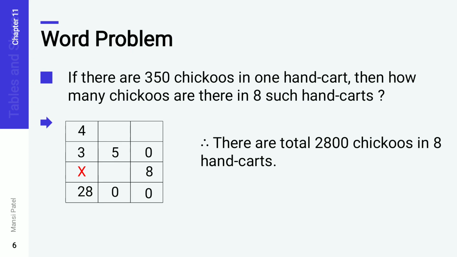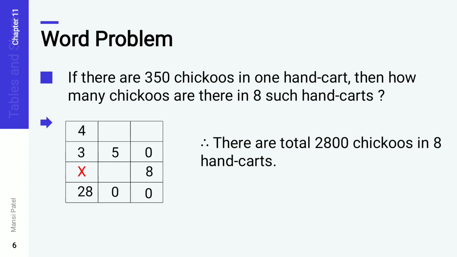Now today we are going to study and understand all the word problems regarding multiplication. Now after this, in our next video, we are going to see division and the word problems of division, and in the last we will start the mixed word problems.